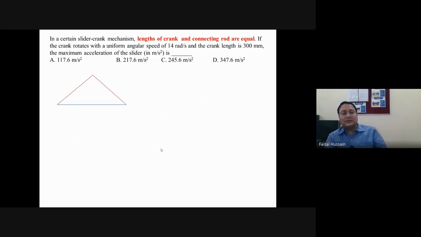Now, in this question, a slider crank mechanism, length of crank and connecting rod are equal.